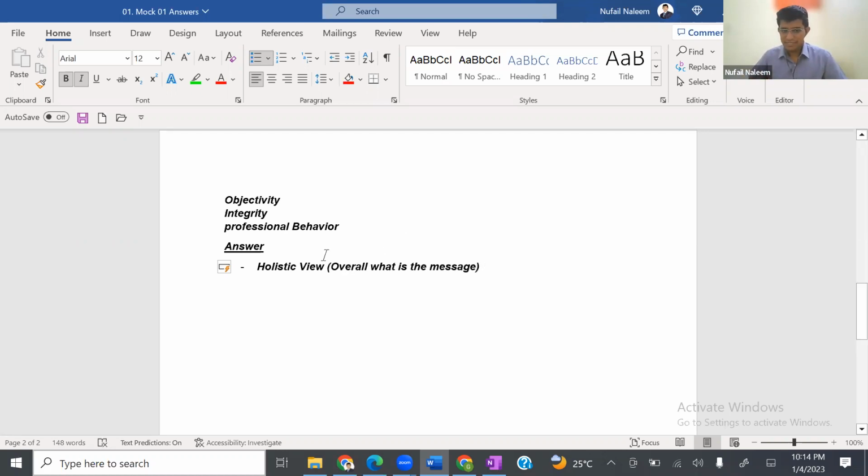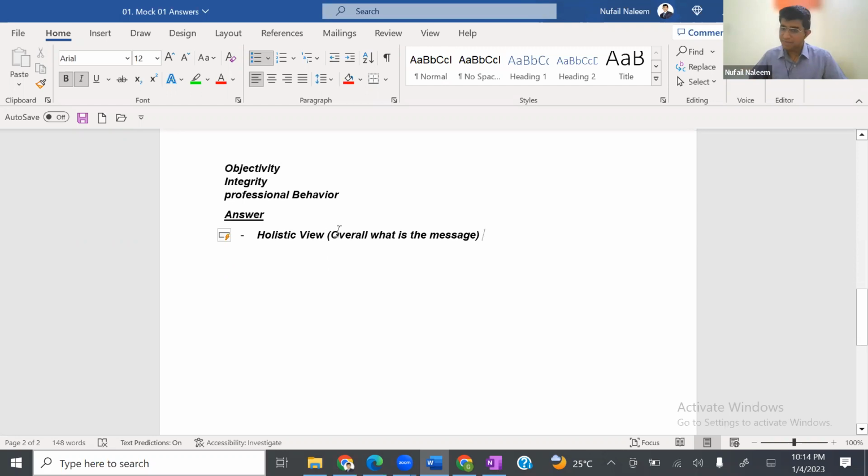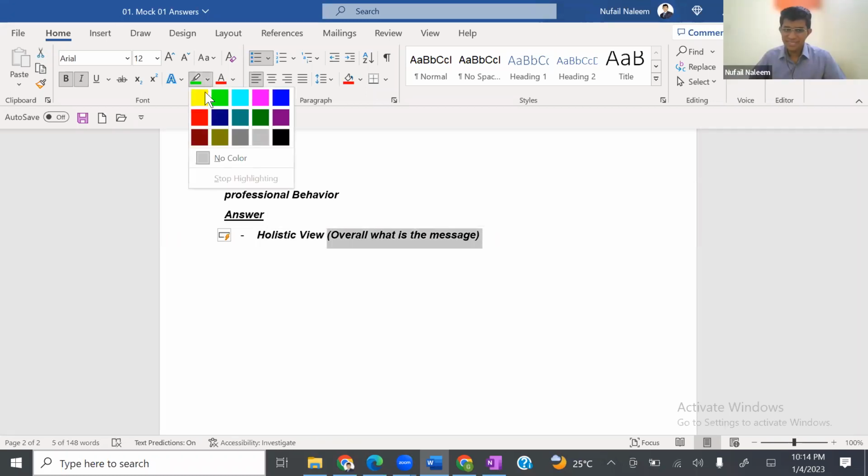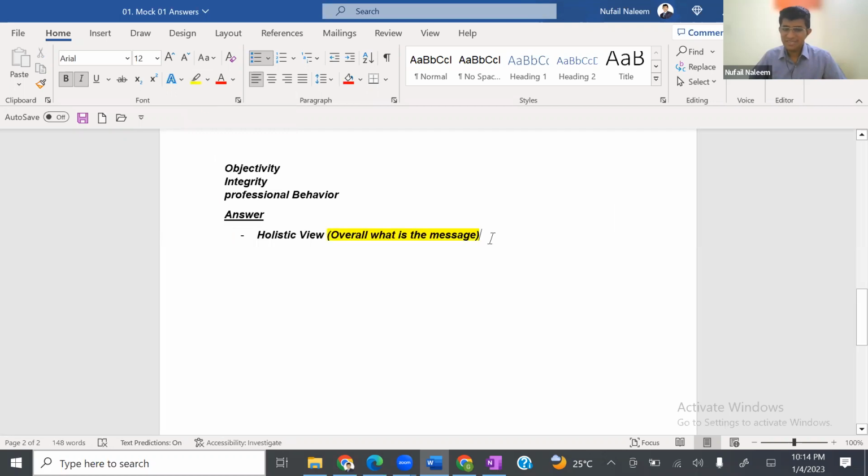Anushka, just asking you, do you have a habit of reading books? No, right? Students, if you have a habit of reading books, you will understand certain books don't even have a message. It is just a book. Certain books effectively have that holistic view. You will not feel like stopping reading that book.